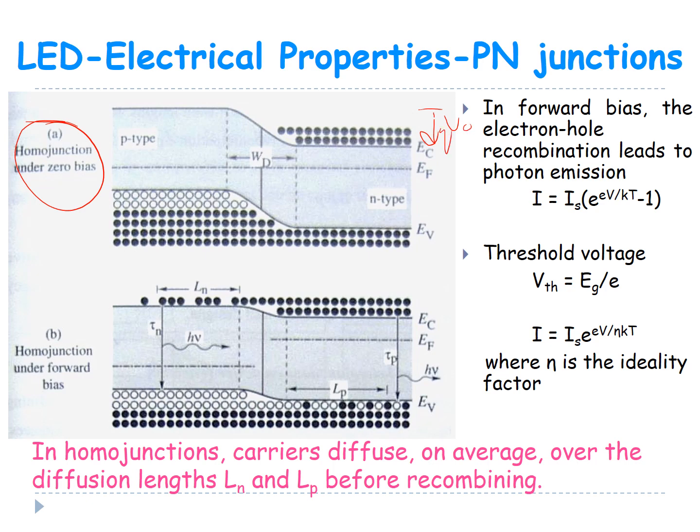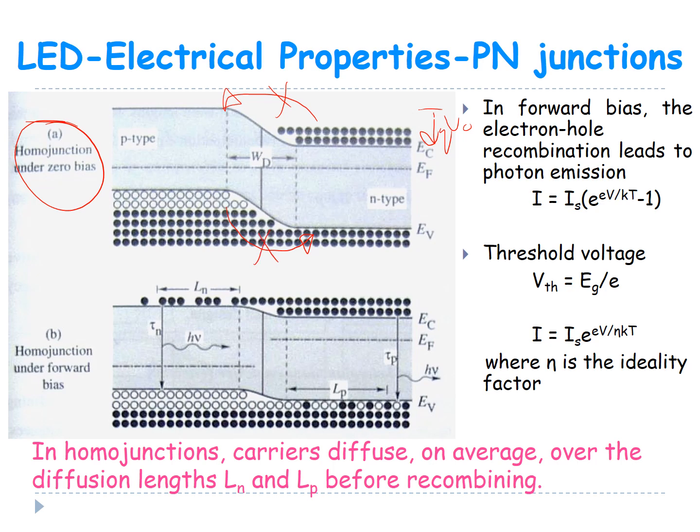Due to this barrier, you cannot have electrons diffusing from N to P, and it's also difficult for holes to diffuse from P to N because of this barrier.